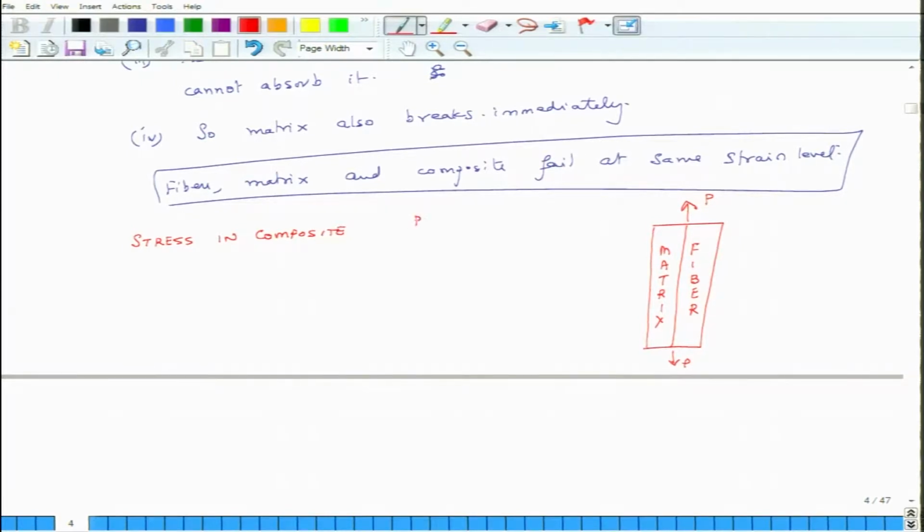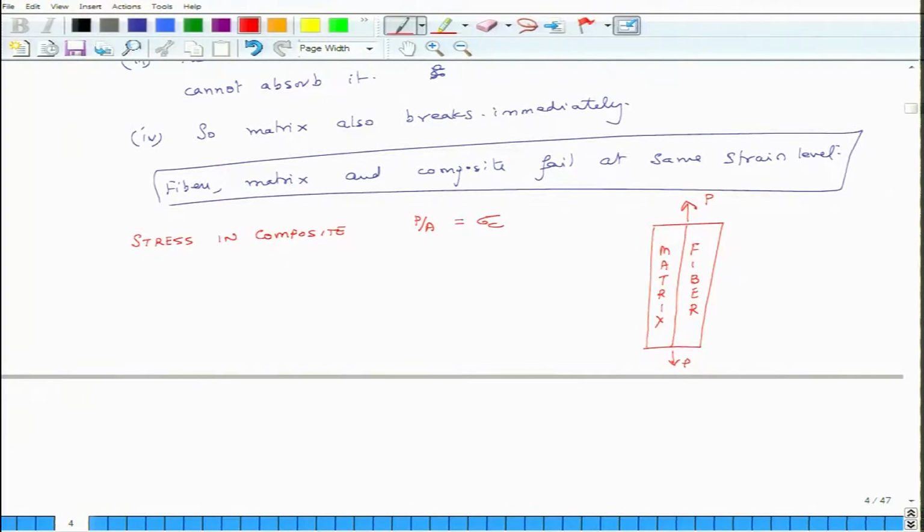Stress in composite is P by A. So, that is equal to sigma C, right. Now, if I keep on pulling it, fibers fail and immediately all that load gets transferred to the matrix and then the matrix also fails.